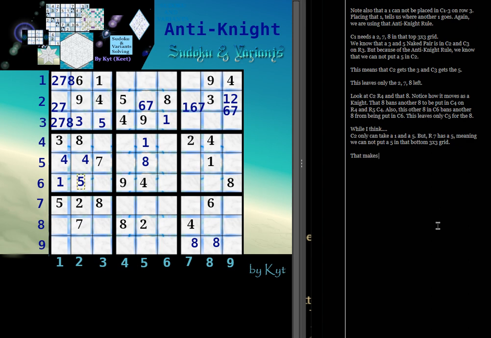That makes column 2 row 6 the 5 and column 1 row 6 the 1. And then row 9 gets the 1.